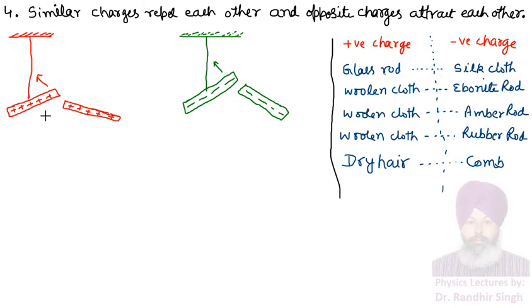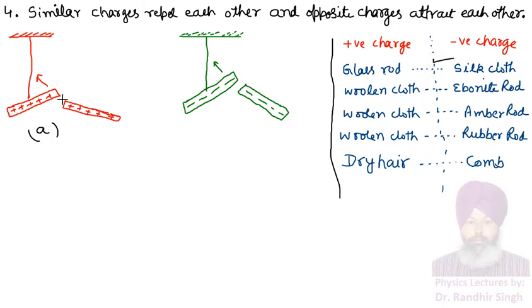I have drawn an example here. In part A, I have shown a glass rod which has been rubbed with silk cloth and is suspended from a roof with the help of a thread. The glass rod is free to move in a horizontal plane. I have another glass rod which is also rubbed with a silk cloth. Both of these glass rods will have positive charge as per this table.